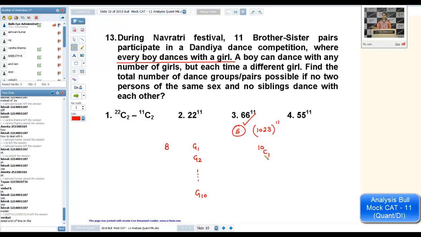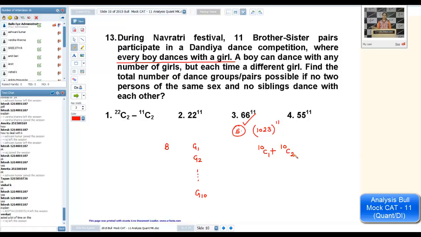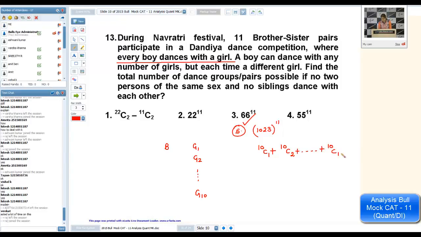We can choose any one girl out of these 10 available. Now, the boy can dance with two girls as well. That choice can be made in 10C2 ways. In the same manner, it will be up to 10C10, and we know that this is 2 raised to power 10 minus 1. So it comes out to be 1023.